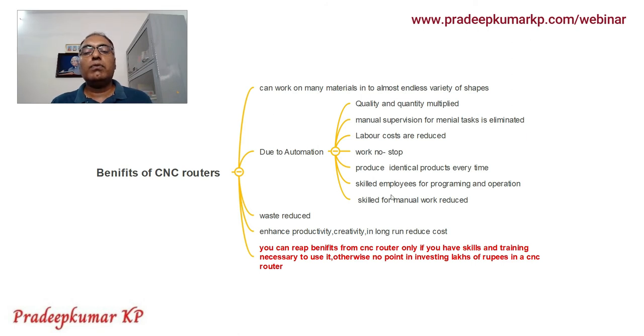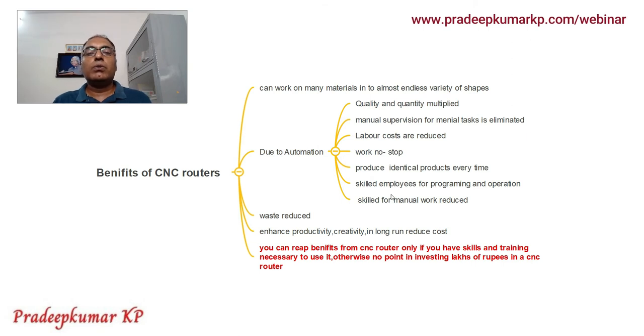And skilled employees for programming and operation: the only place where you want skilled people is in creating the design as well as the programming for the operation. The operation itself is not that difficult; mainly the designing and programming is more difficult.